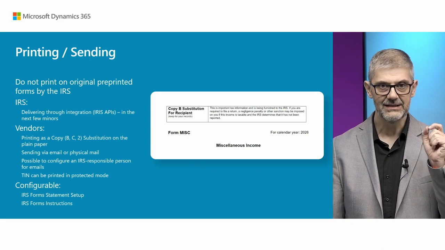And we have the TIN number, and this is really important because you should secure this TIN number, especially when we are sending via mail, even physical mail, but especially email. Now, what we can do, we can make a setup. By default, you can print the original TIN, your company TIN and your vendor TIN.